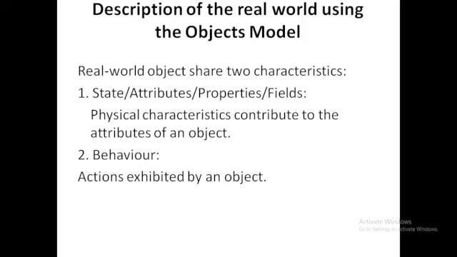In the real world, an object has two important characteristics. One is attributes and the second one is behaviors. The physical properties of the objects are called attributes, and the behavior which the object exhibits are called behaviors.